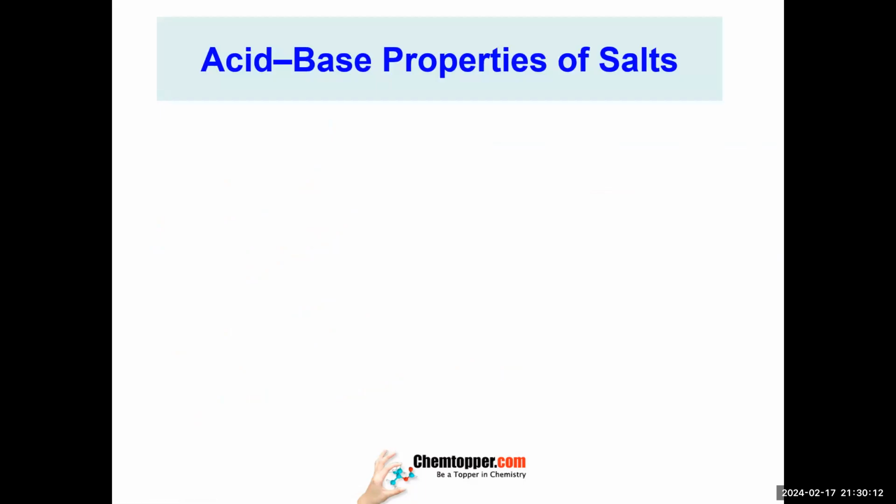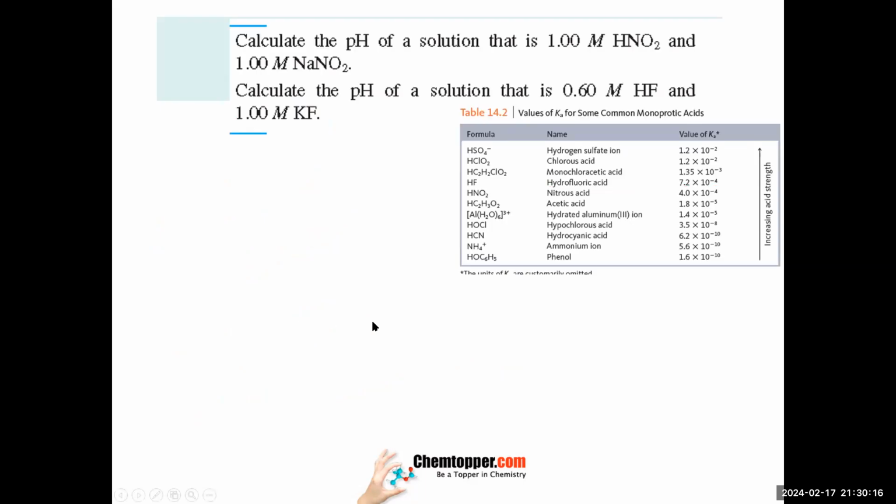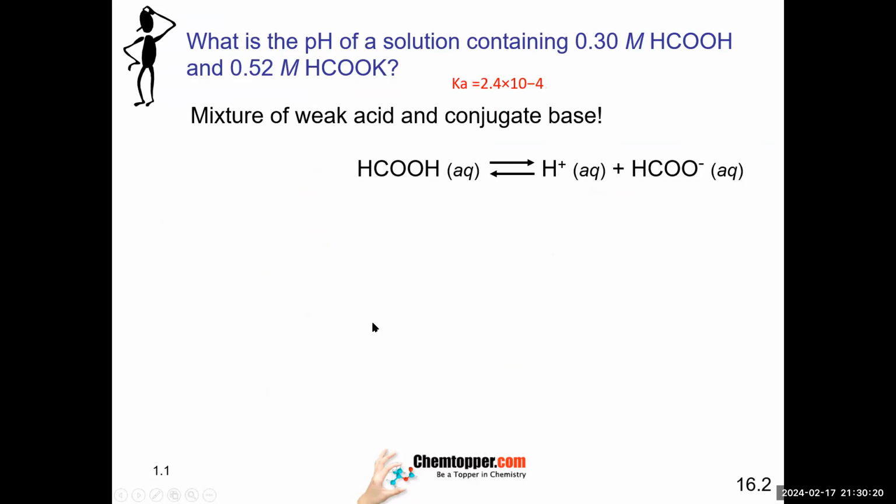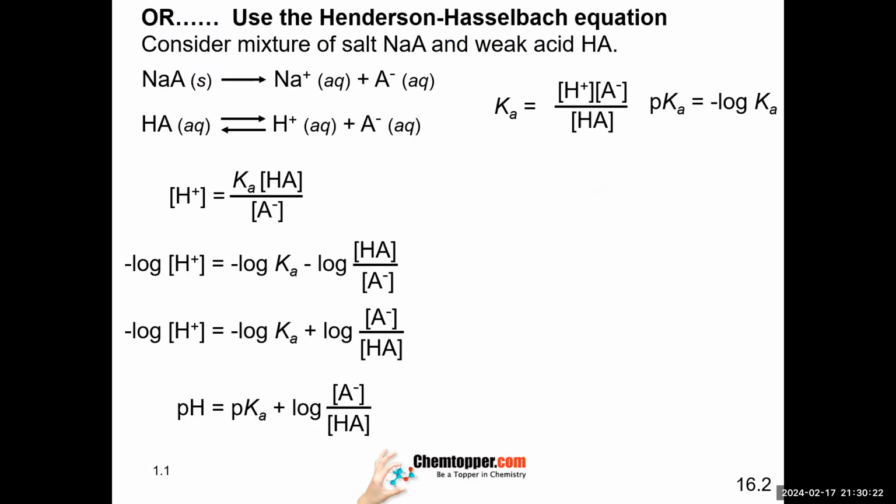Next is, now we are done with the buffers. I think it is clear how to calculate the pH by using the Henderson equation. This is the Henderson equation, this one.